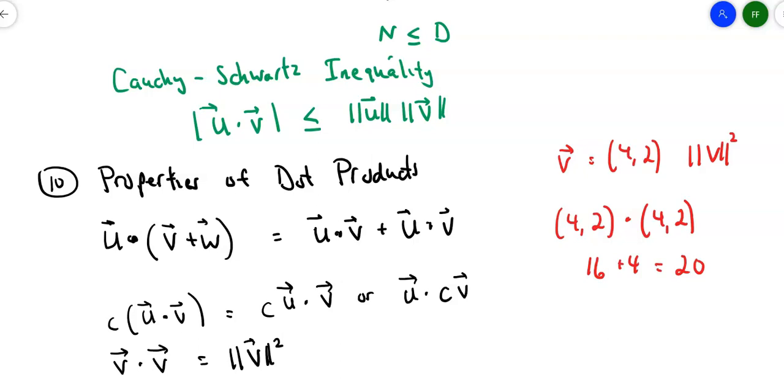I could also then take the square root of the vector times the vector, and that's actually another way to find the magnitude of the vector. So if I wanted to find the magnitude of this vector, once I had the dot product of the vector with itself, then take the square root, and that's the magnitude of that vector. And you can try it, right? A squared plus b squared, 16 plus 4 is 20. Take the square root, and that's the magnitude of my vector.